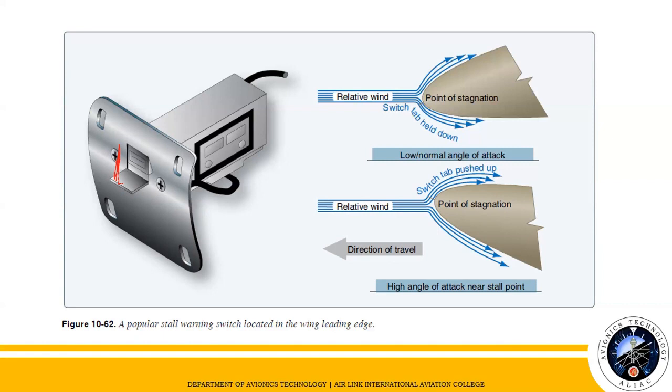So, that tab is held down by the air that diverges at the point of stagnation and flows under the wing. So, this holds the switch open so the horn does not sound nor the warning light illuminate.